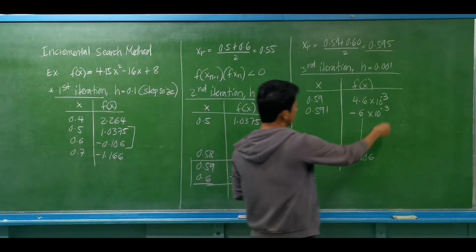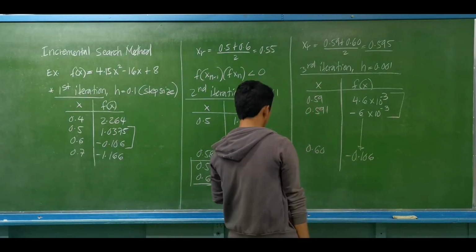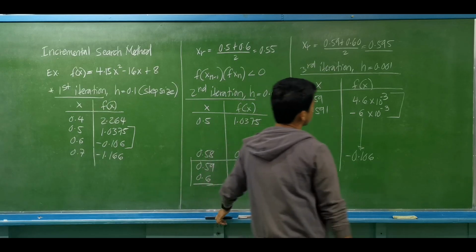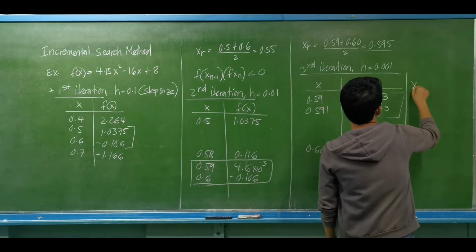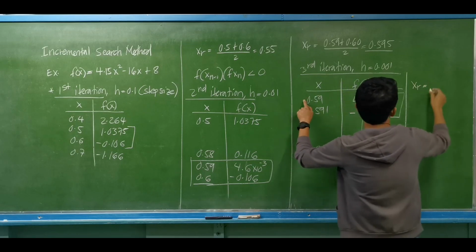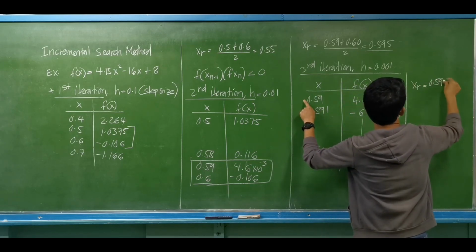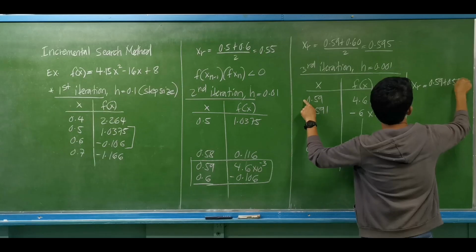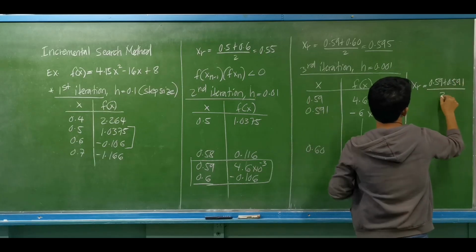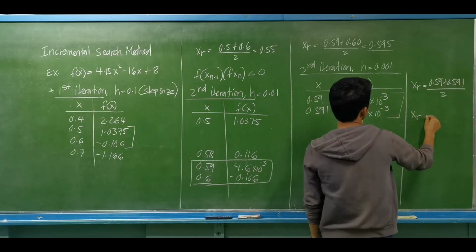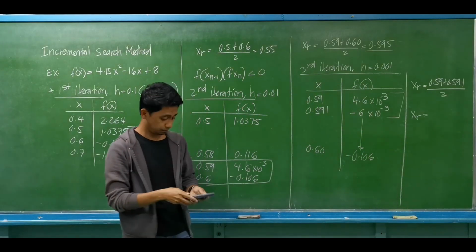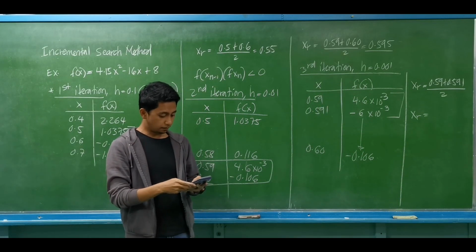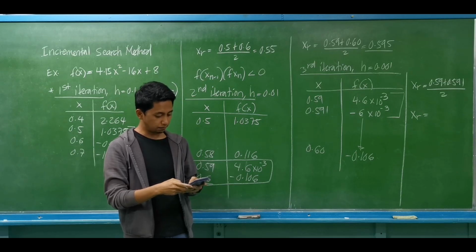We may stop here. Then to determine the root for the third iteration, x of r is the average of the two: 0.59 plus 0.591 divided by 2.